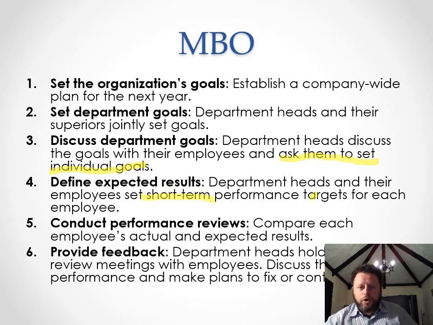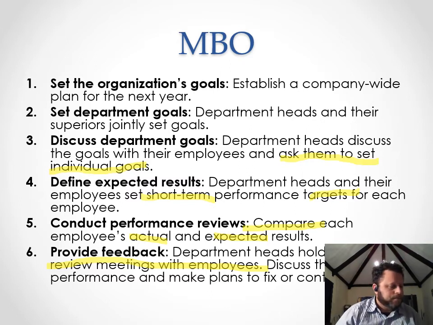They create the SMART target. Then it has to be participative. You work with the manager to define the goal. It needs to have feedback. There should be review meetings with the employees to discuss it, to fix it, to change it. And it should always be compared, the actual results to the expected results. That's feedback. So SMART goals, participative, feedback, and hierarchy of goals.